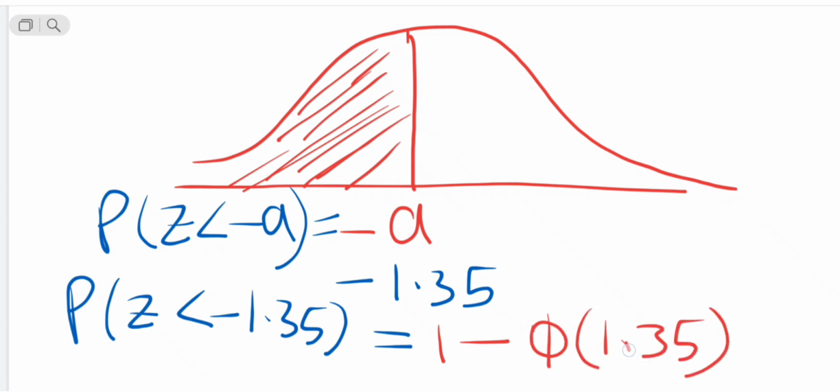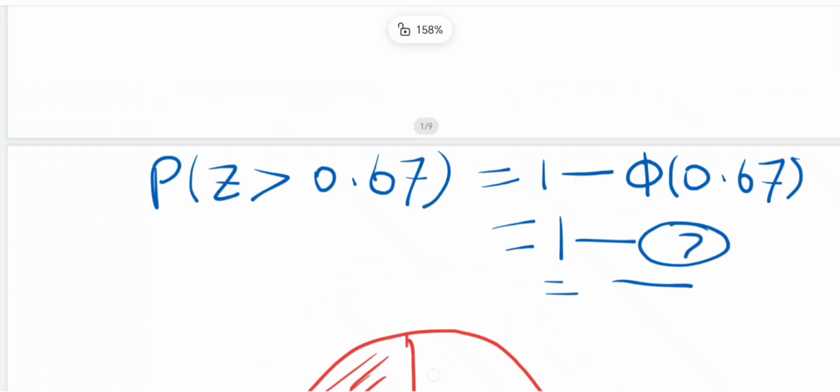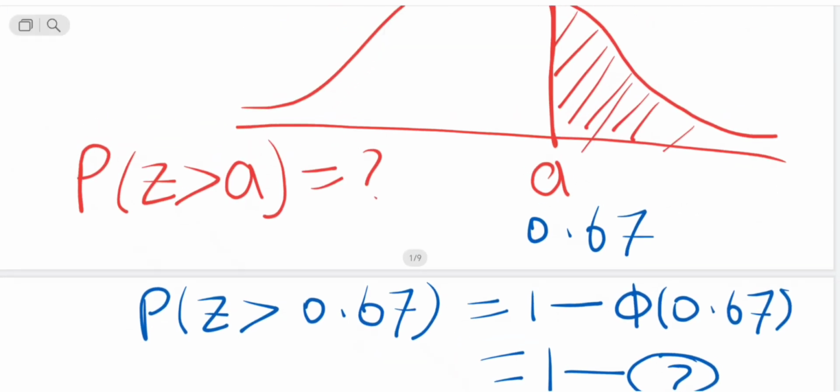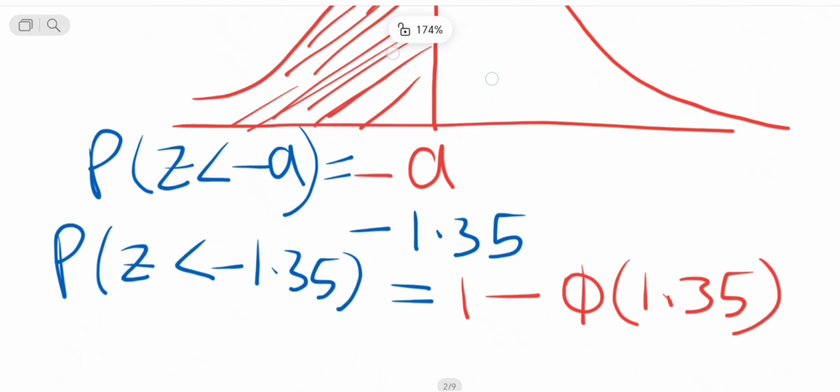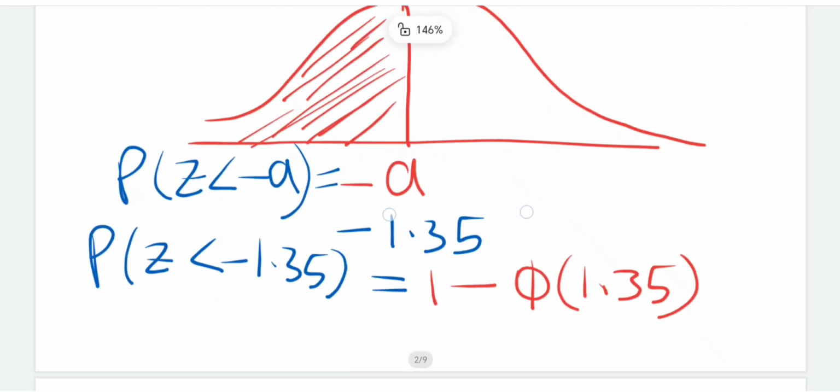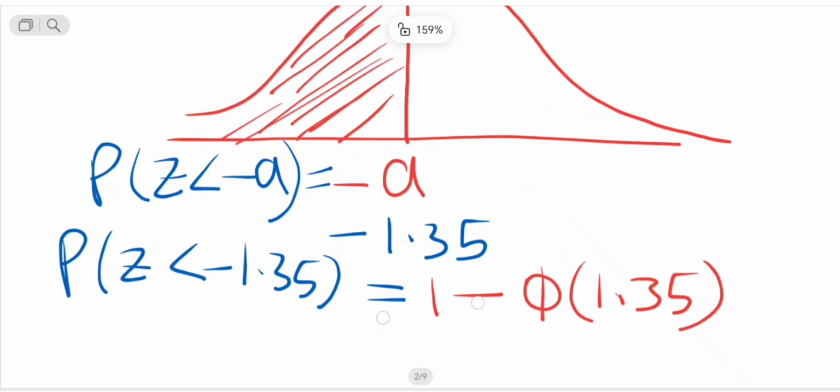Positive you will check in the table, because the table has all positive values. To get negative, you subtract from 1. If it is negative and less than, you subtract from 1. If it is greater than and positive, as in the previous question, positive greater you subtract from 1, negative less you subtract from 1. I hope it is clear.